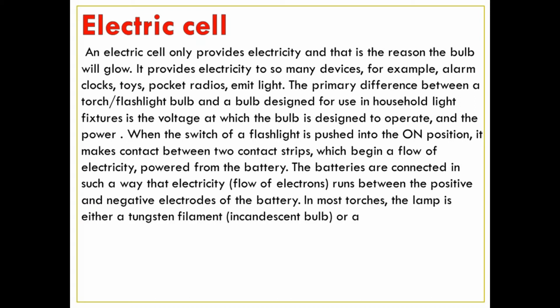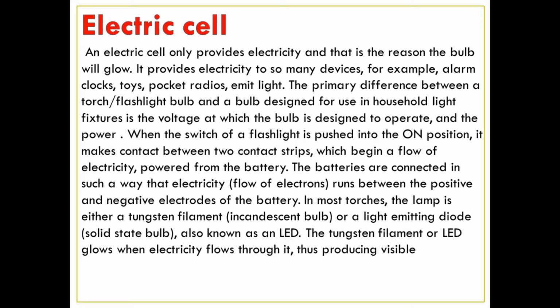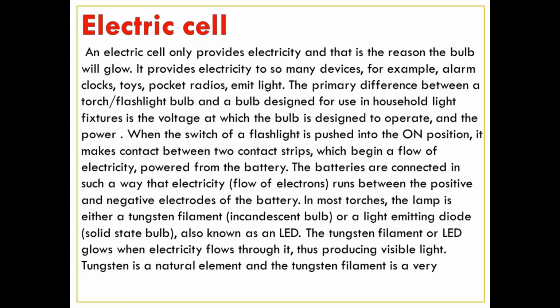When the switch of the flashlight is pushed into the on position, it makes contact between the two contact strips, which begins a flow of electricity powered from the batteries. The batteries are connected in such a way that electrons flow between the positive and negative electrodes of the battery.